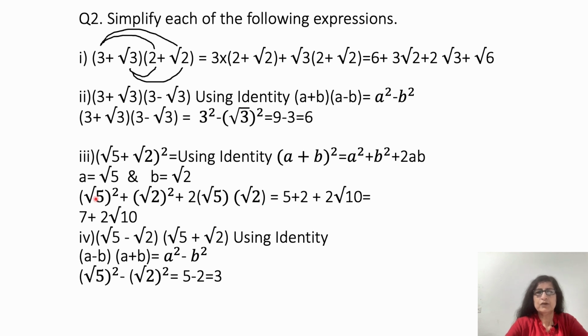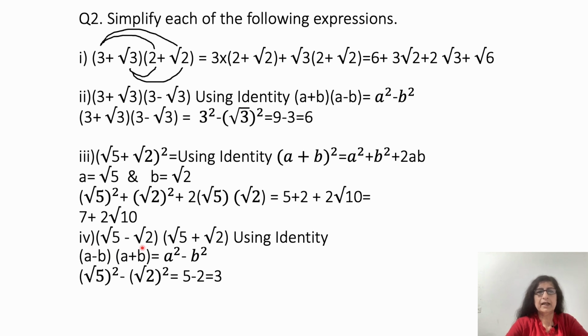Now under root 5 square is equal to 5. Under root 2 square is equal to 2, plus 2 under root 5 multiplied by under root 2 is equal to 2 under root 10. 5 plus 2 is 7 plus 2 under root 10. This is the answer. We move on to part 4.